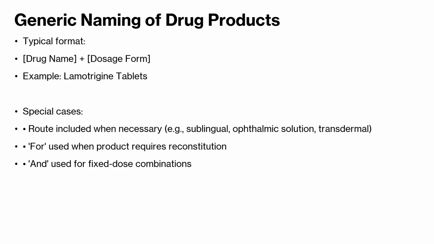In some agencies, like in India, the agency requires the pharmacopoeia name in short. For example, India requires lamotrigine tablet IP to be defined as the generic name of the product.